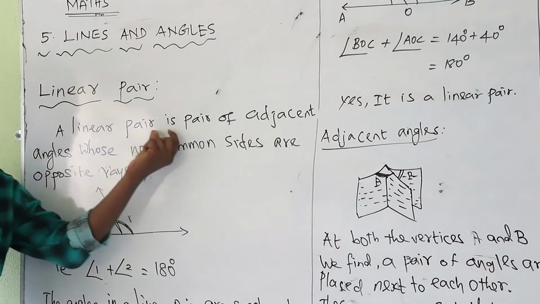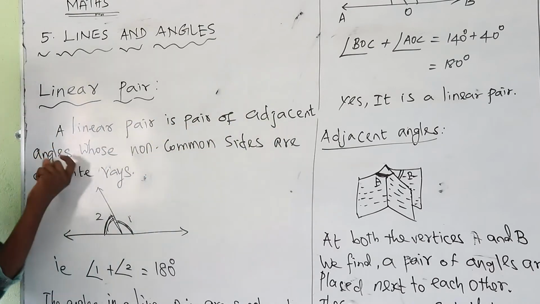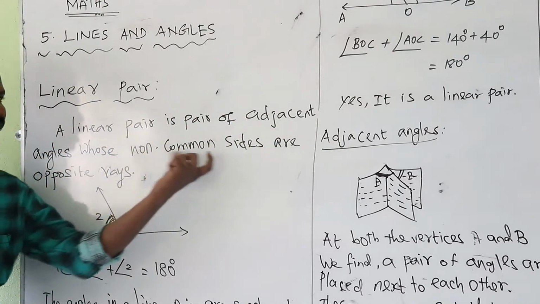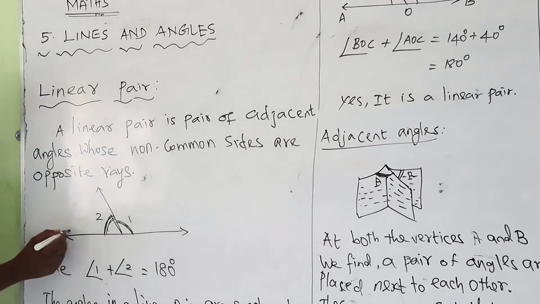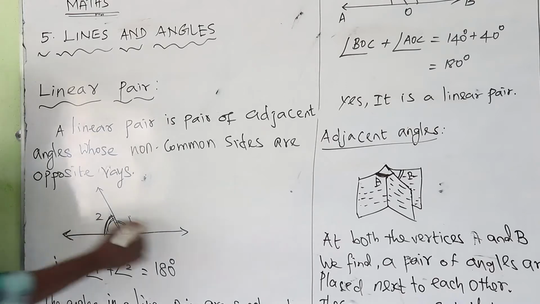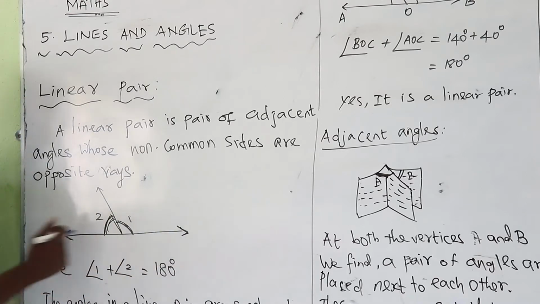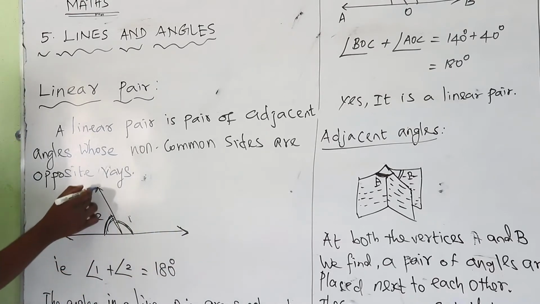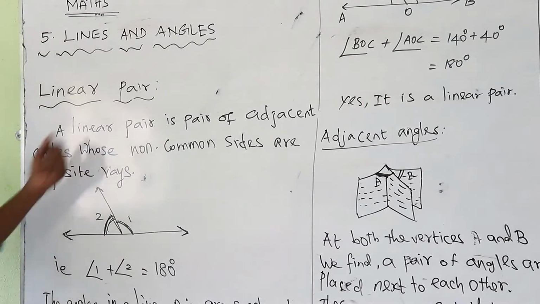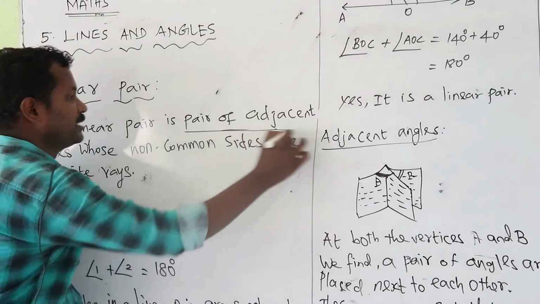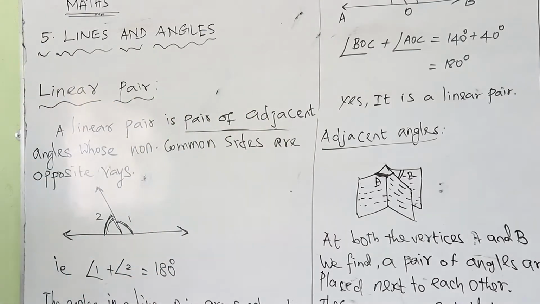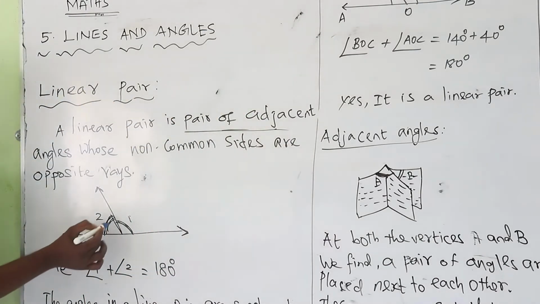So a linear pair is a pair of adjacent angles whose non-common sides are opposite rays. See this one, these two are opposite rays. A linear pair is a pair of adjacent angles, which means nearby angles.